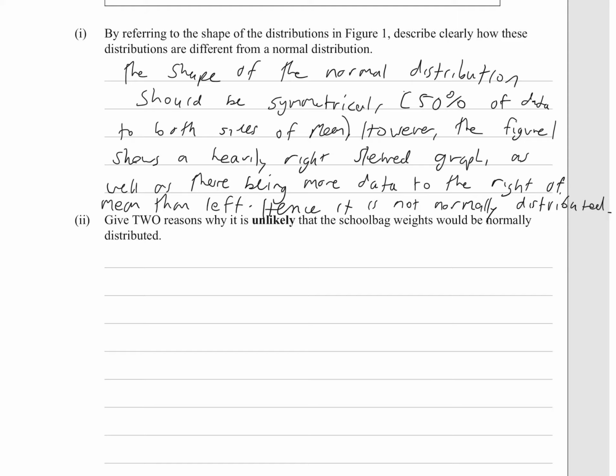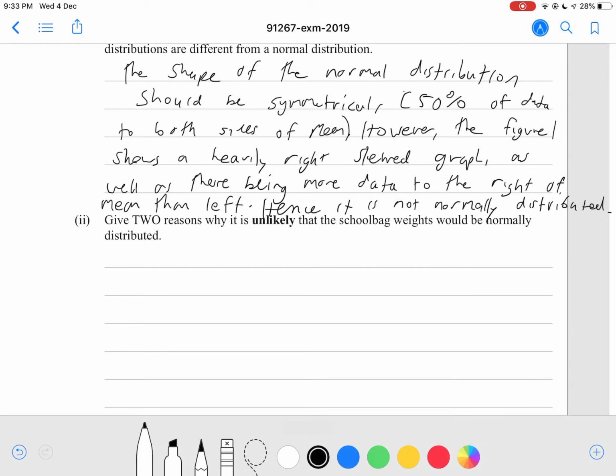For NCEA level 1 students, maybe they would have lower bag weights because they would carry lighter textbooks. So that could be our first reason: different year levels.